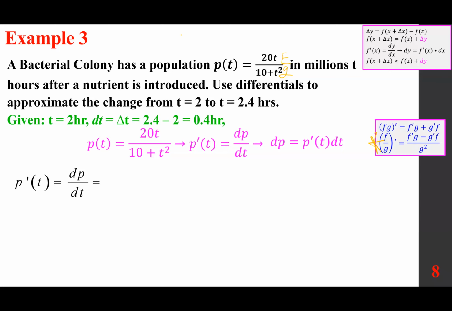So I'm going to write 20 times 10 plus t squared, minus g prime, 2t, times the top, 20t. And I write the bottom just the way it is. I don't change it. I put it in a parenthesis and square it.